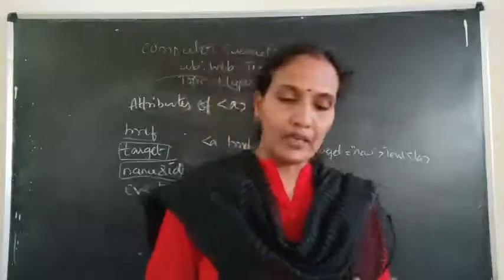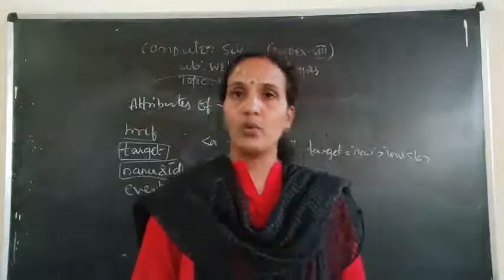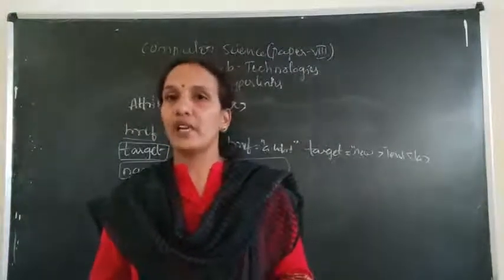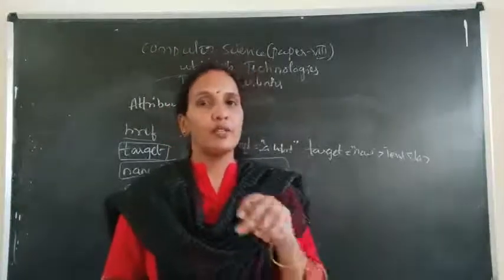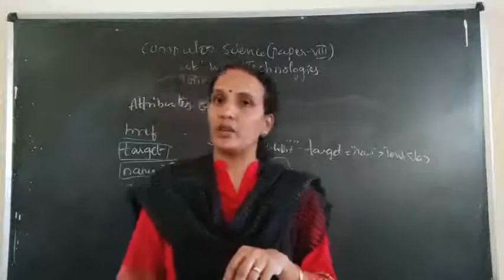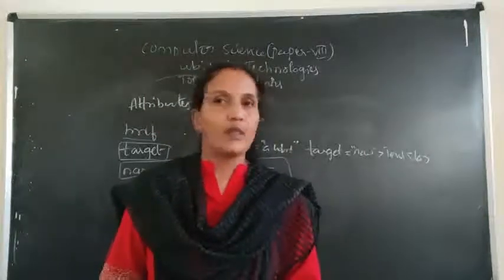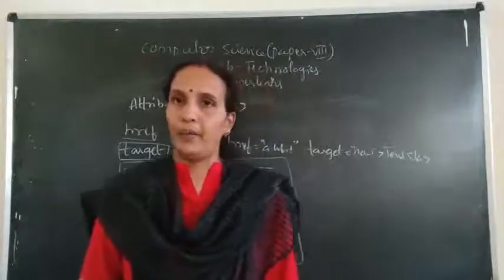The anchor tag syntax has already been given: a href equals target document name. That is the opening tag. We always write attributes inside the opening tag only. When the user clicks on the hypertext, the user will move from the current section to the target document. That is the syntax of a hyperlink.